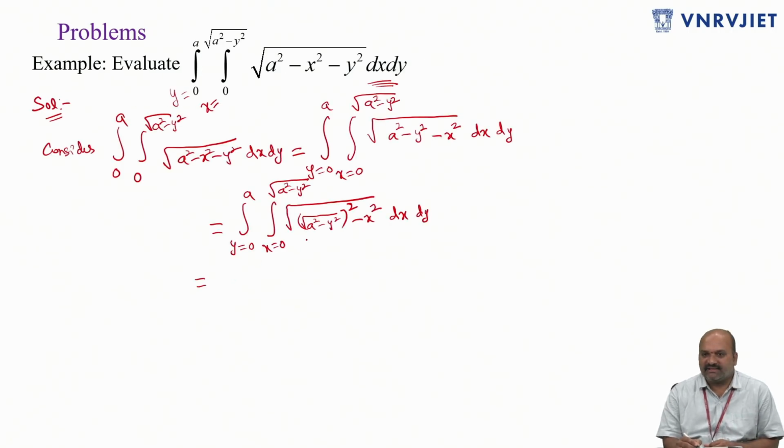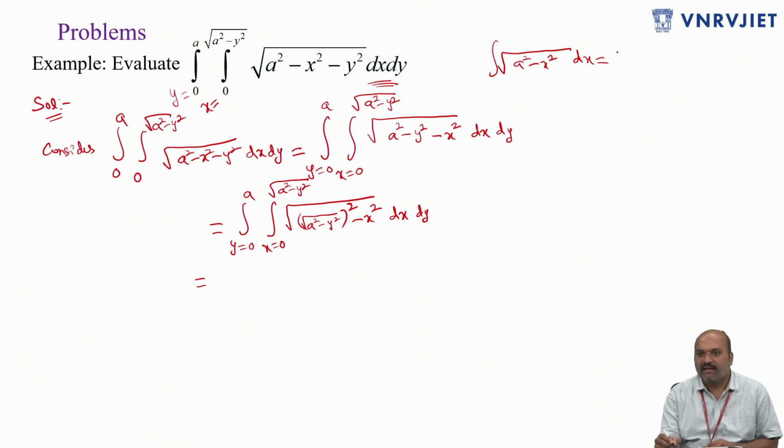Now observe, it is in the form root over a square minus x square. Since we are treating y as constant, this entire term is constant. Let us assume that this is some a square minus x square. What is the formula for integral root over a square minus x square dx?